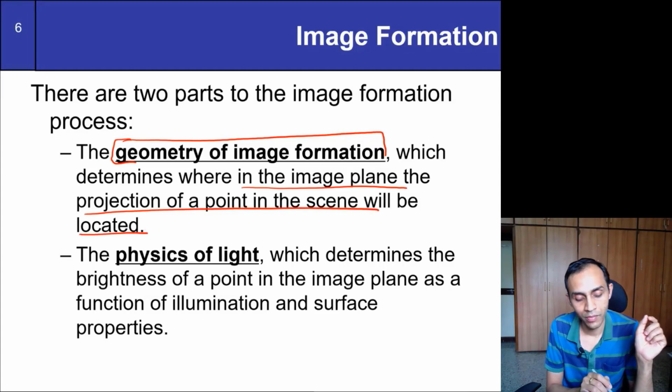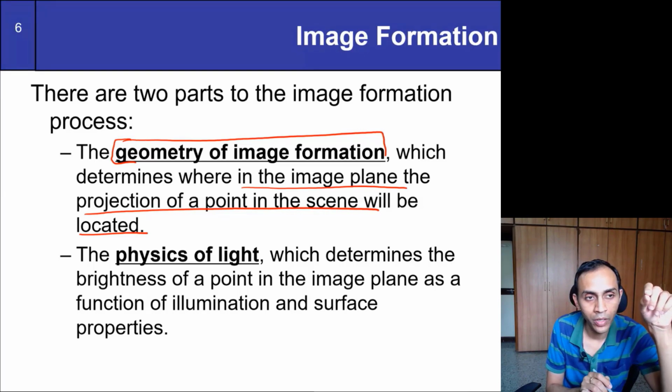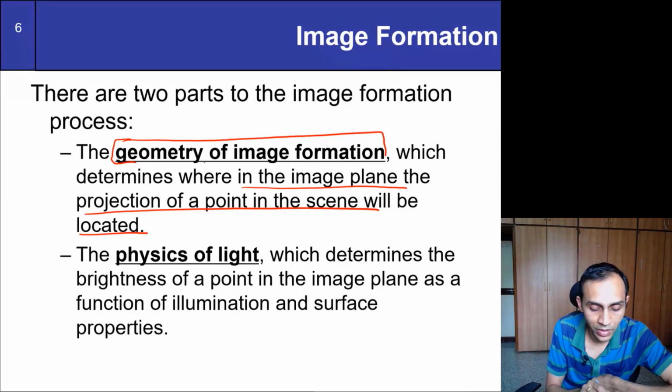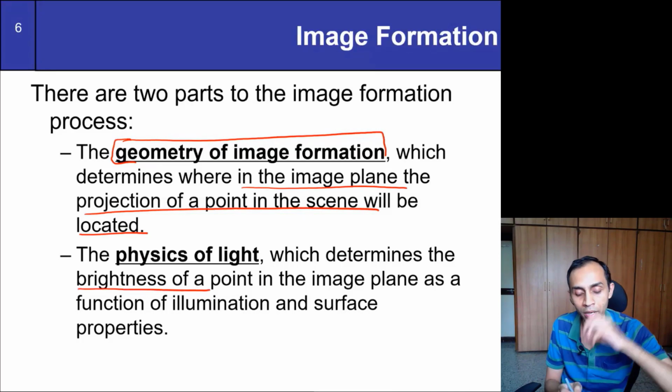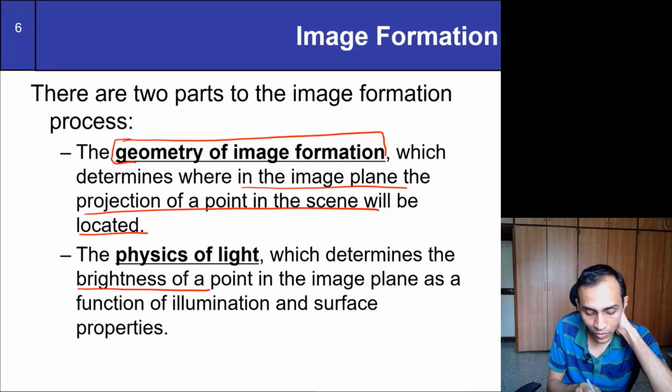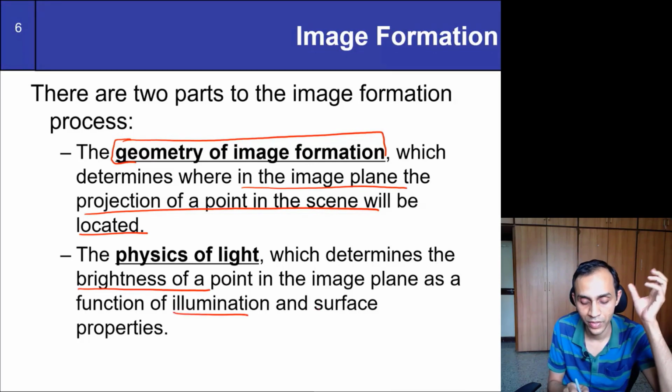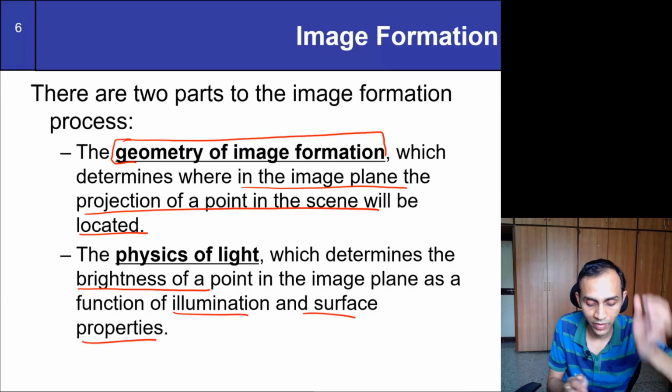And the physics of image formation refers to the brightness, how bright that image will be. That will depend on the illumination and the reflectance of the surface, so surface properties like reflectance and so on.